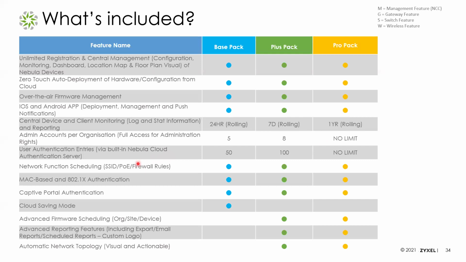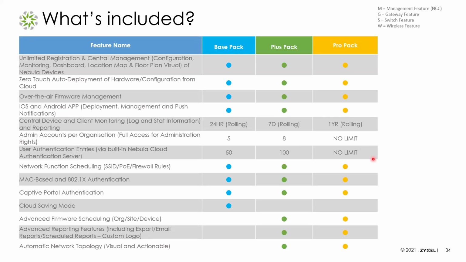We also have a cloud authentication server. So this you can use for MAC filtering. You can use this for 802.1x authentication. So there are differences here based on how many entries you can have in our cloud hosted database. Free version gives you 50 entries. Plus Pack gives you 100 entries, and then Pro Pack, it's an unlimited number there.